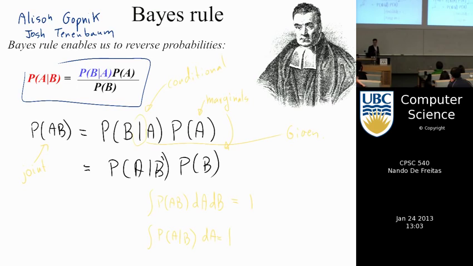Here I'm emphasizing that P(A|B) is a distribution over A. It's not a distribution over B. B is given. It's deterministic. It was an observation. Suppose we see B, then we only have uncertainty in A. And likewise, the integral of the marginal P(A) dA is equal to 1, which is the same rule as for the joint. We also know that in order to get a marginal from a joint, we integrate P(A,B).